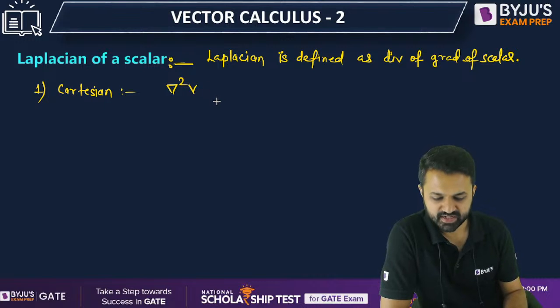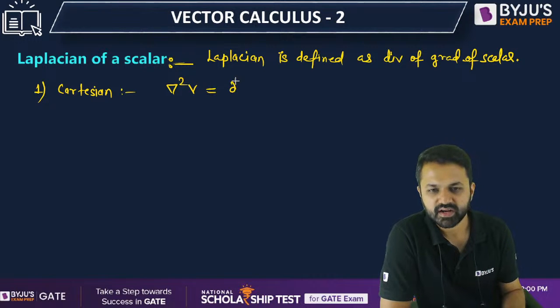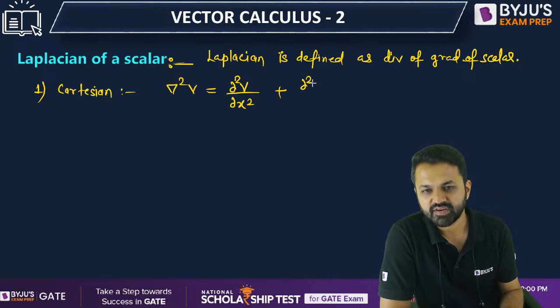So this will be del square V, and it is nothing but a double differentiation with respect to x, double differentiation of the scalar with respect to y, and double differentiation of the scalar with respect to z.